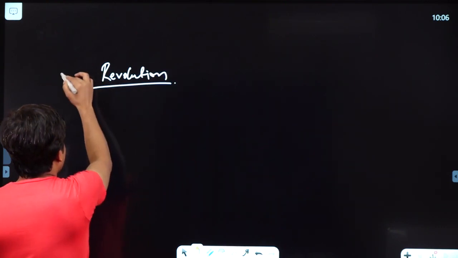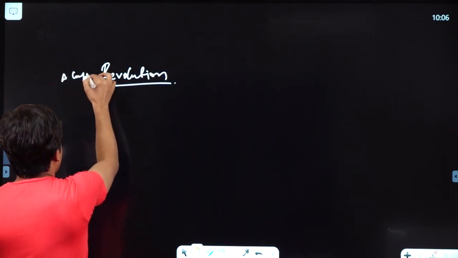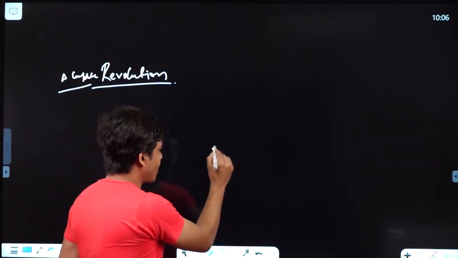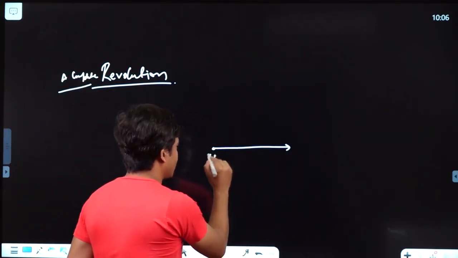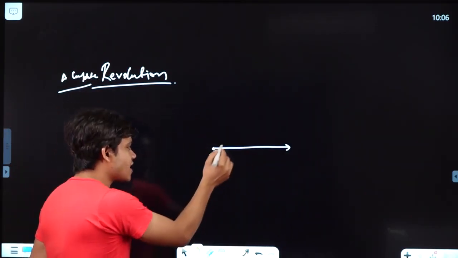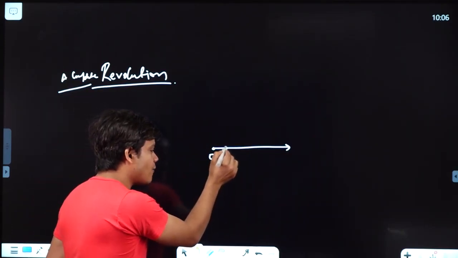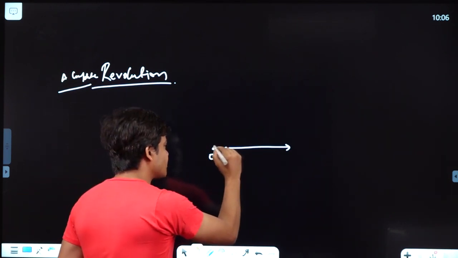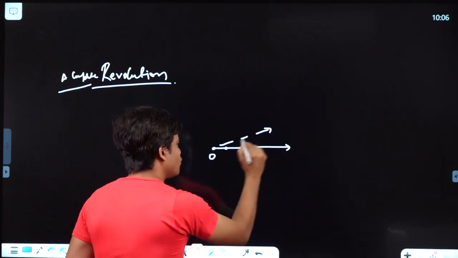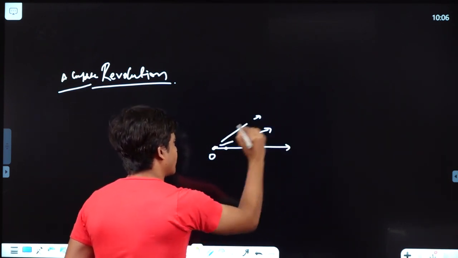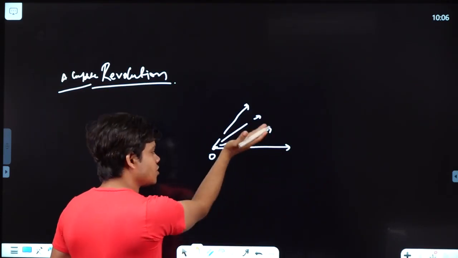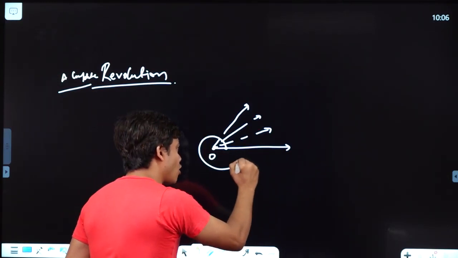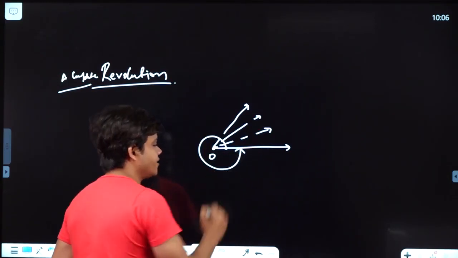A complete revolution means what? Think this is a point, this is your initial line. You have started your rotation from a point on this initial side, you have come over here, over here, over here after rotation, and finally you are reaching the same initial side.